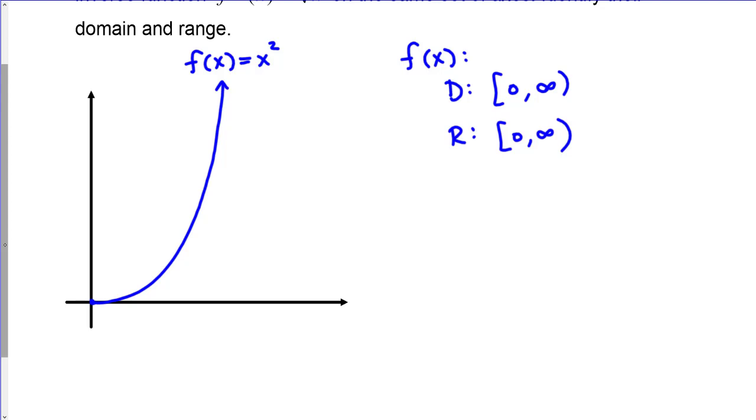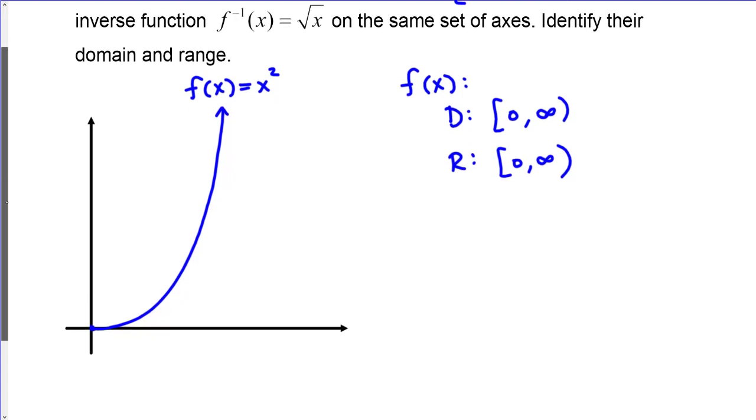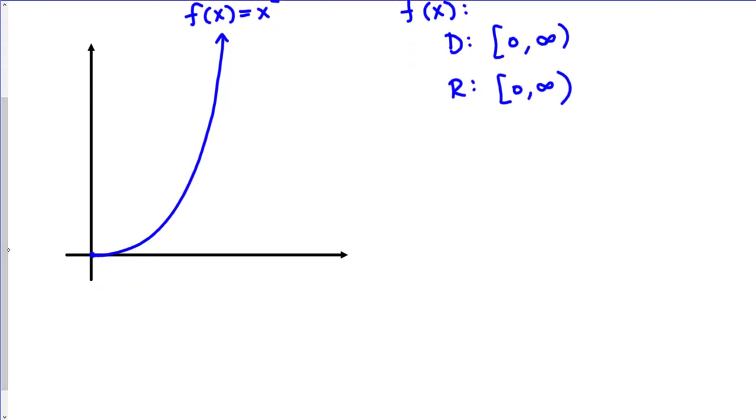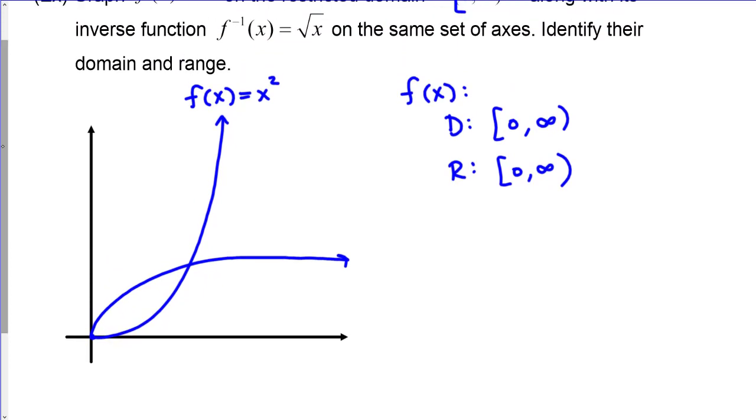Now, the inverse of f of x is the square root of x. We know what the graph of the square root of x looks like. It's essentially a parabola, but it's laying on its side. And if you'll notice, we are seeing that same symmetry. For my inverse, I have a domain from 0 to positive infinity and a range from 0 to positive infinity.